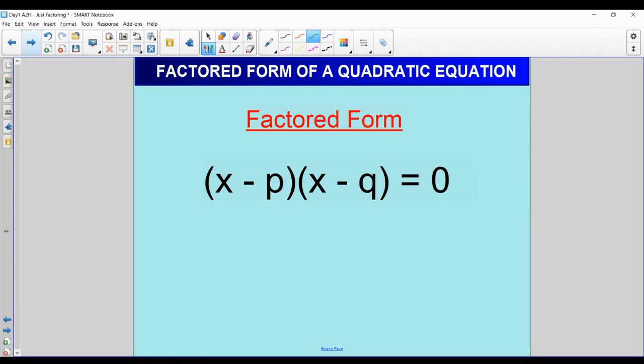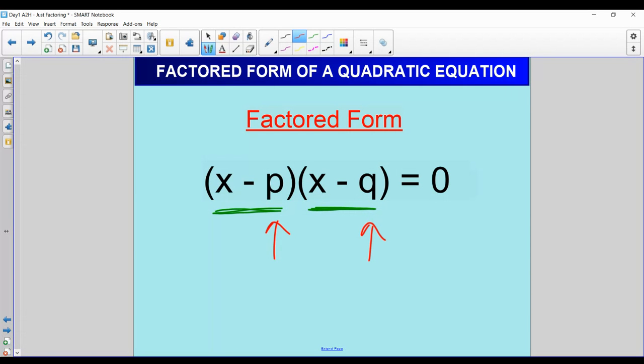Factored form is when we go from that trinomial to these two binomials that are multiplied times each other. So these parts right here are going to help us to understand the x-intercepts.